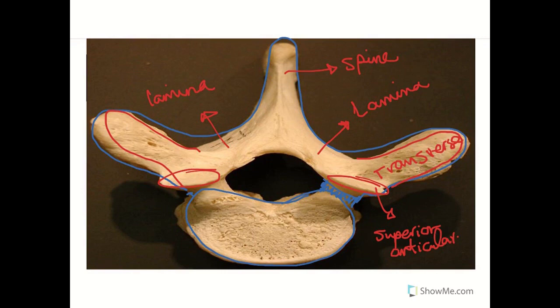So the lamina is the meeting between the two transverse processes when they meet the spine. This part here is called lamina and the other one here is called the lamina. So the laminae are forming the spine of the vertebrae, and this is the vertebral arch for passage of the spinal cord.